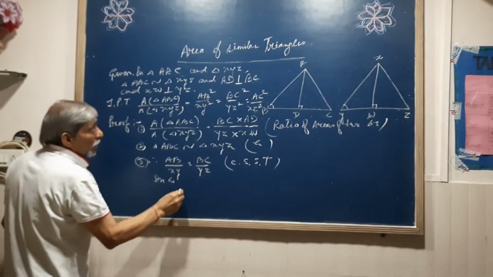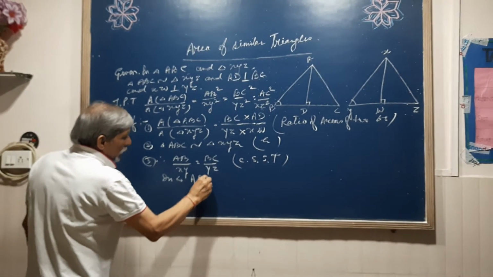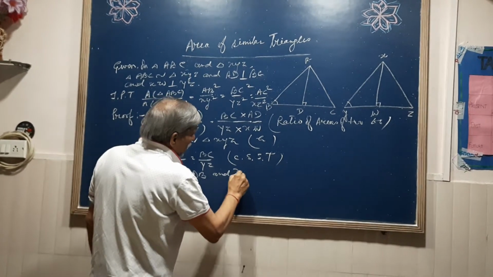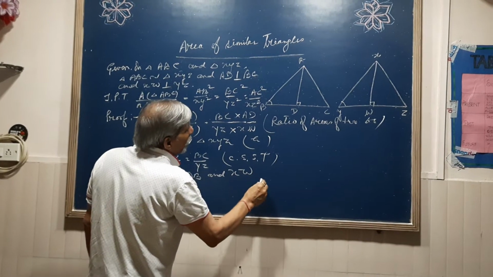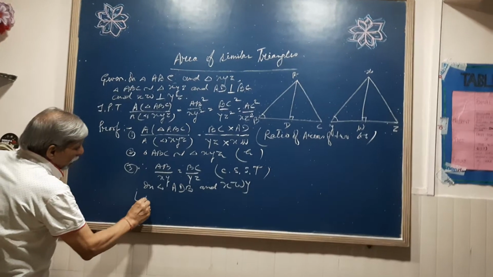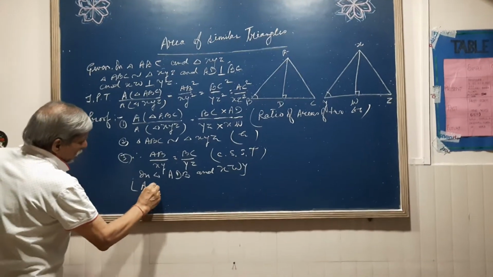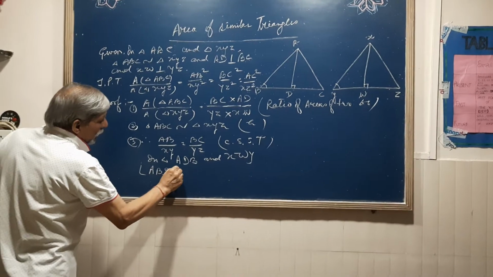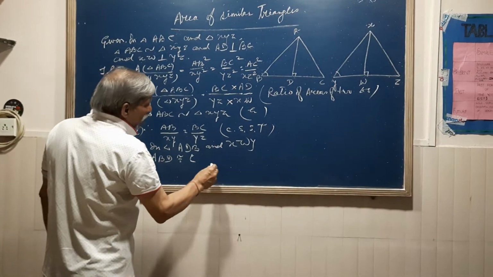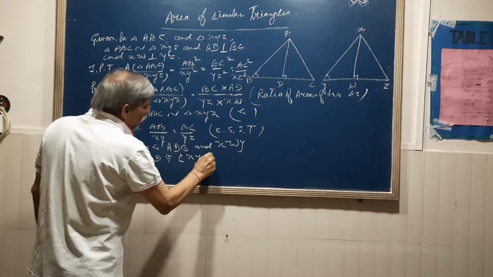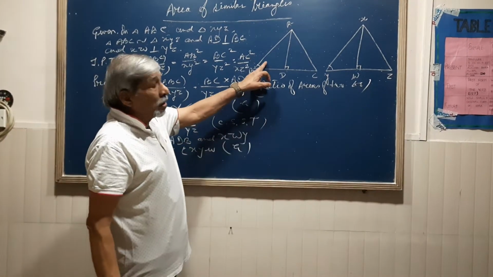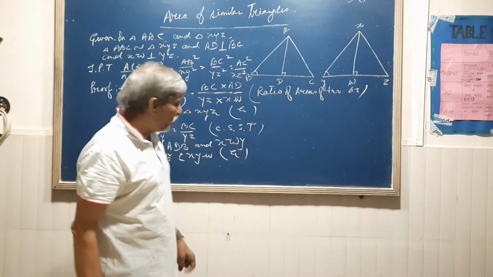In triangle ADB and triangle XWY, angle ABD is equal to angle XYW, is given, or you can say congruent angles of the similar triangles.